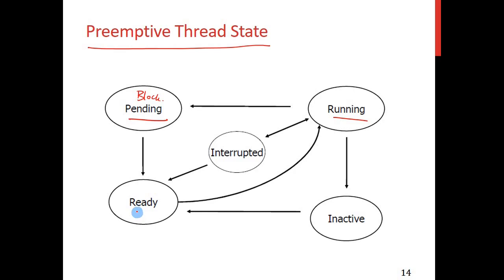After that, when I am selected to run based on the priority, I will switch over to the running state. Similarly, if I'm interrupted, after I service the interrupt service routine, I may go back to running or I may go to ready, depending on what happens in the ISR. So that is basically how a preemptive kernel works.